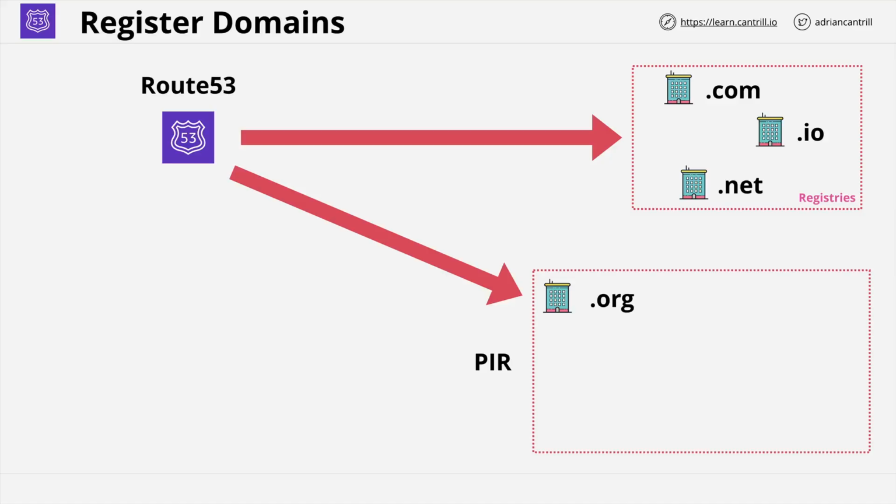Then, Route 53 creates a zone file for the domain being registered. And remember, a zone file is just a database which contains all of the DNS information for a particular domain. In this case, animalsforlife.org. As well as creating the zone file, Route 53 also allocates name servers for this zone.